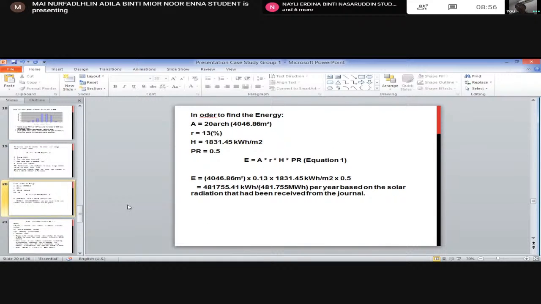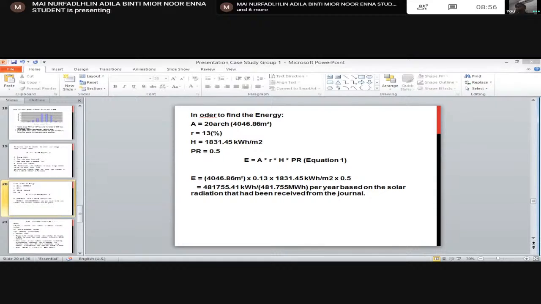In order to find the electrical energy, based on our specification, the area we use for our site is about 20. The efficiency R, 13%, we get from the journal. This is a minimum efficiency for a solar panel.